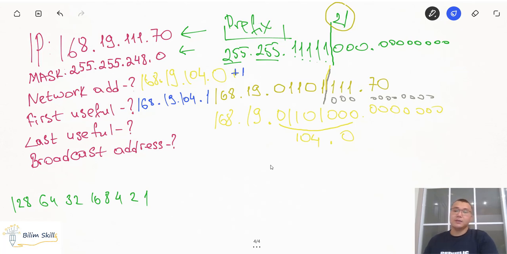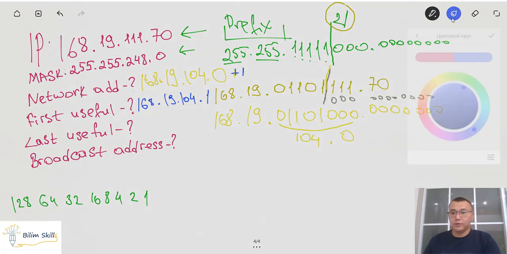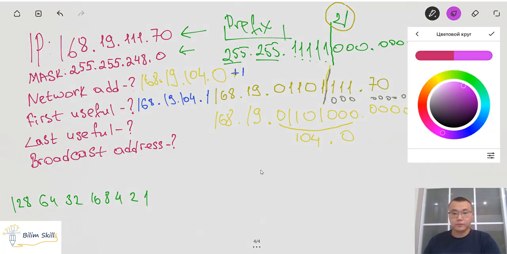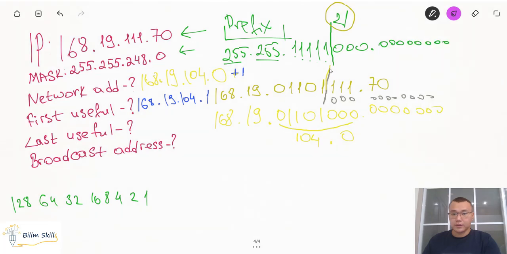Now we have to find the broadcast address. As we remember, the broadcast address means that it is full. To identify it, we use the slash.